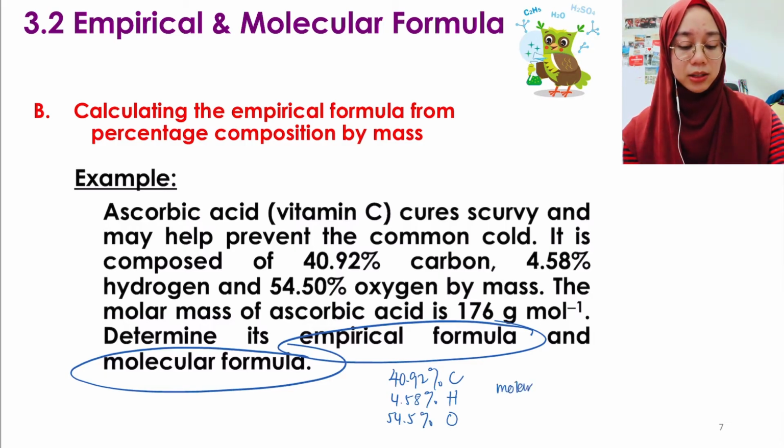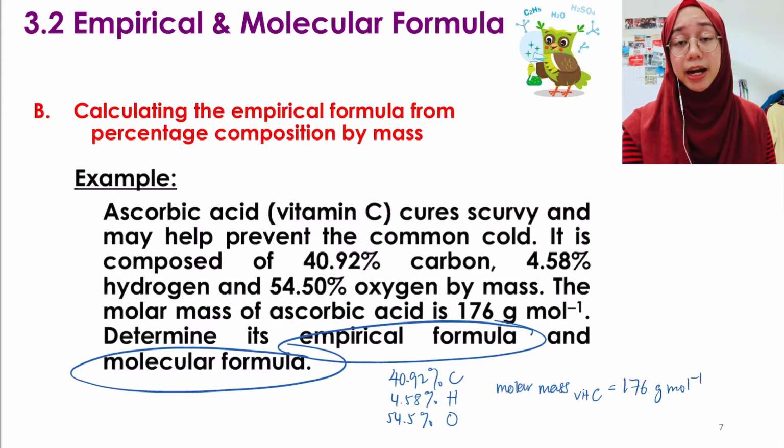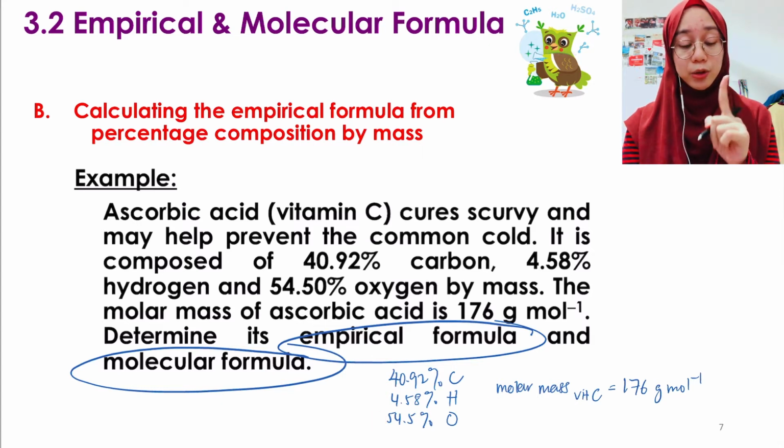Okay, molar mass of the vitamin C adalah bersamaan dengan 176 gram per mole. So kenapa dia bagi molar mass ni? Sebab molar mass ni nanti akan membantu untuk cari molecular formula. Okay? Tapi untuk yang percentage ni pula akan bantu kamu untuk cari empirical formula dahulu. Itu first thing yang kamu kena buat.